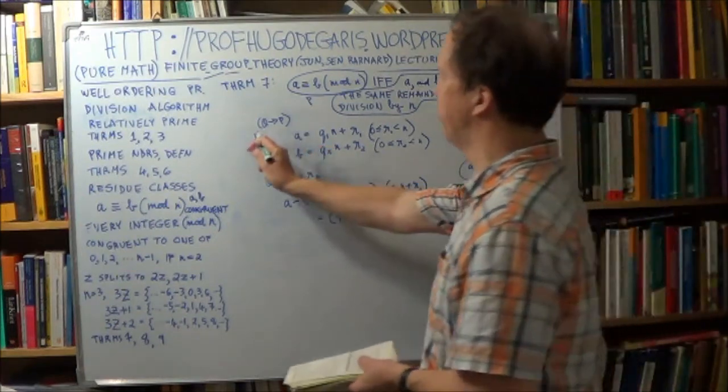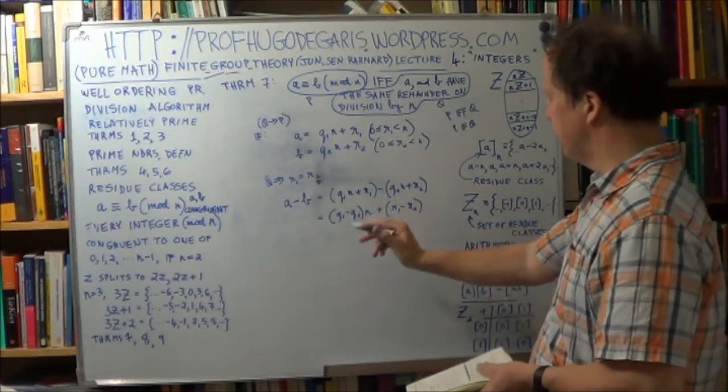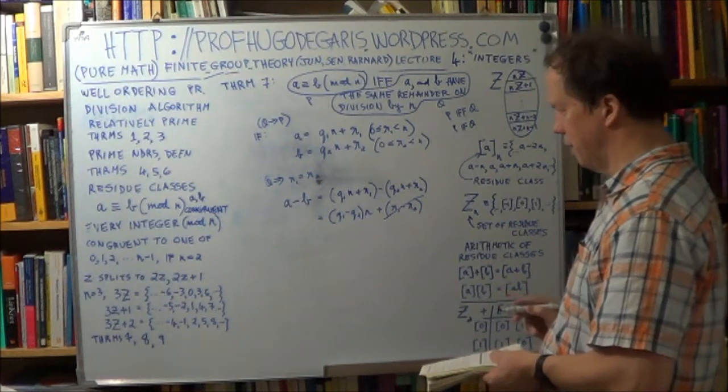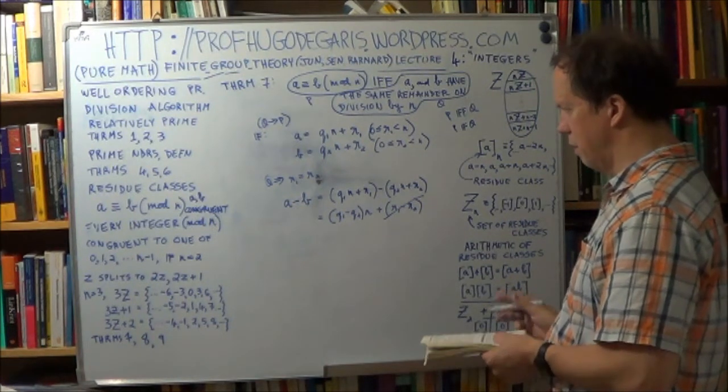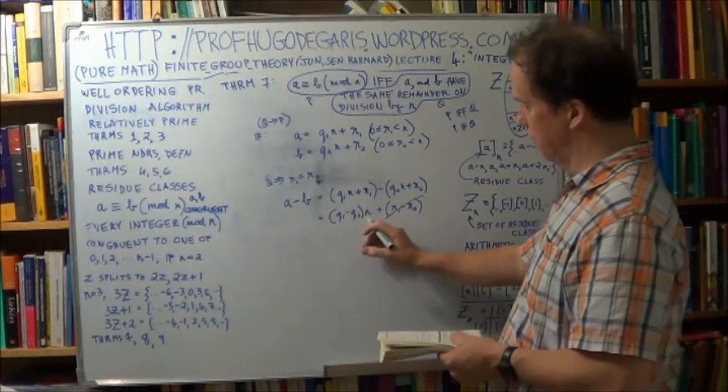Alright, we're doing the if part. We're assuming Q, so this is true. Now, R1 equals R2, so that cancels, and therefore A minus B is some integer times n.